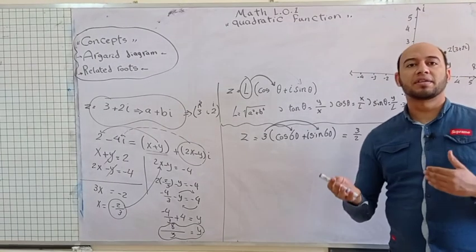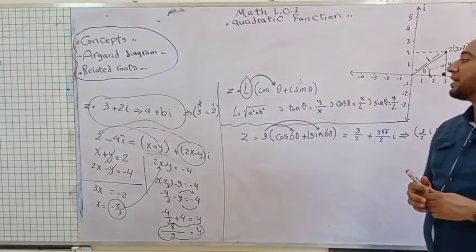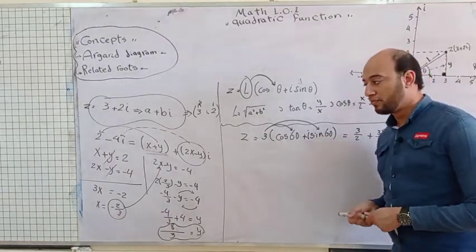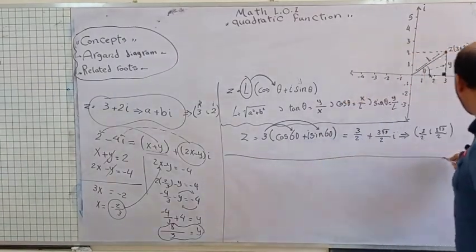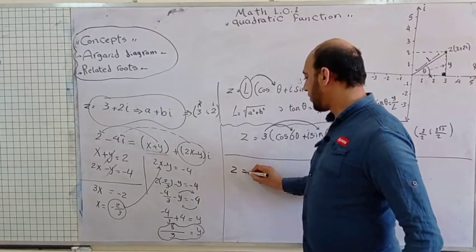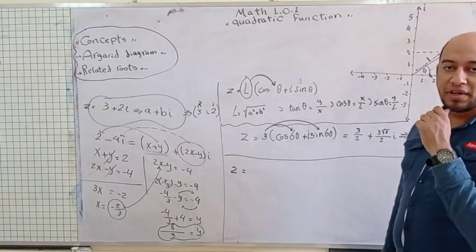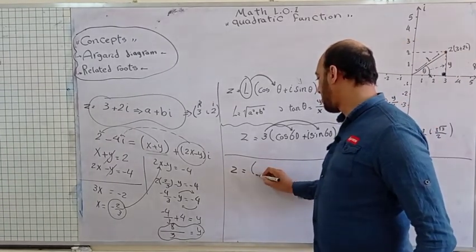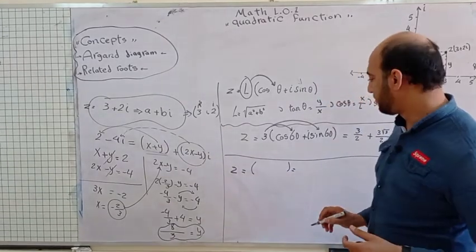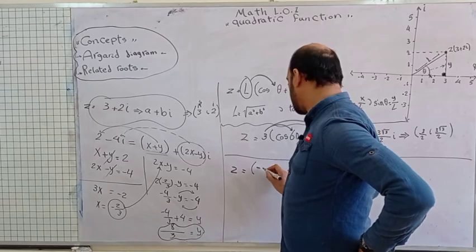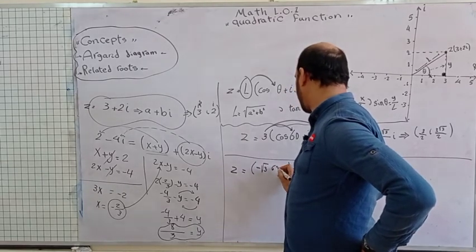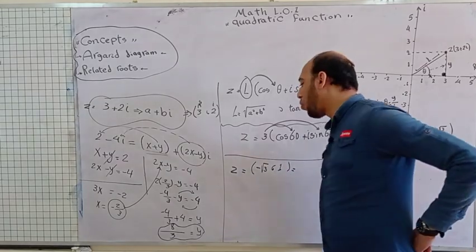How do we convert from the algebraic form to the triangular form? If we have another complex number, and this complex number is as an ordered pair minus root 3 and 1.